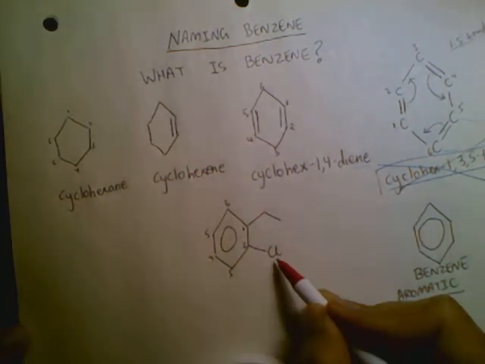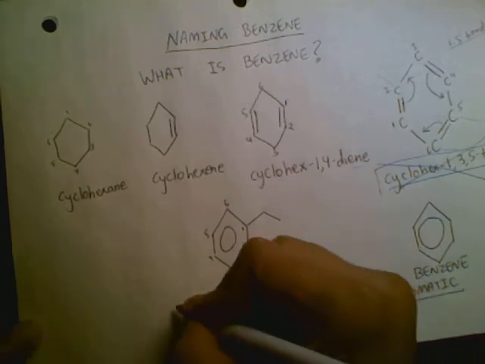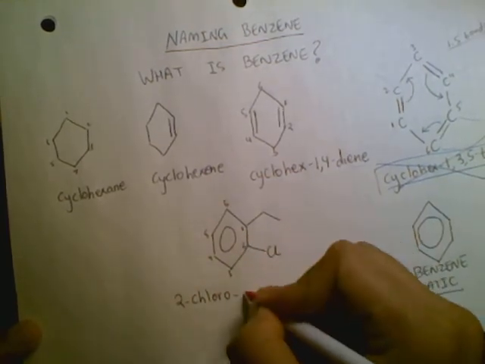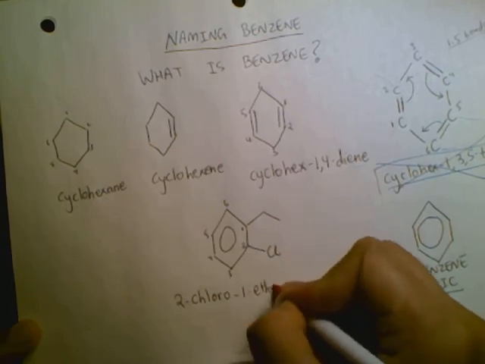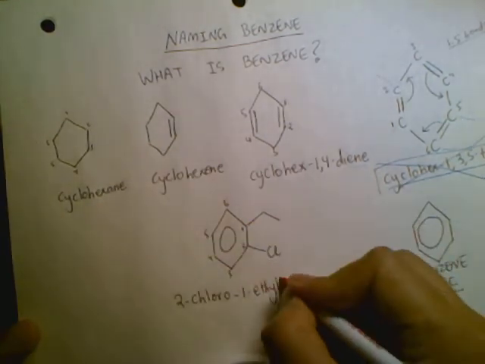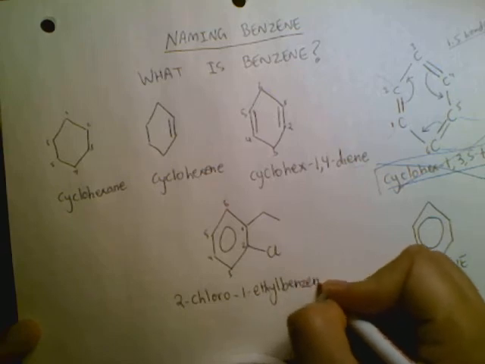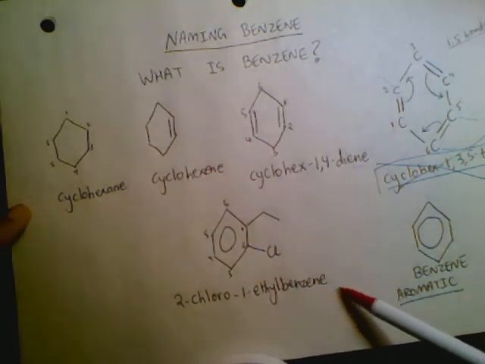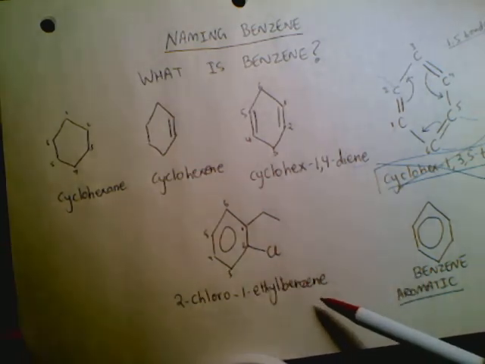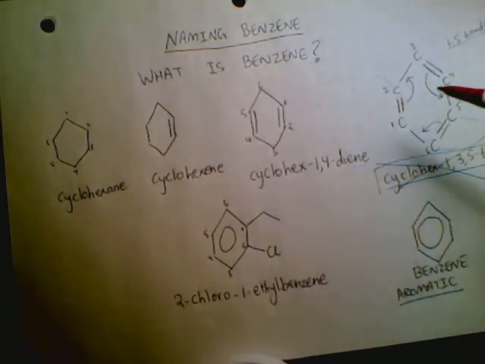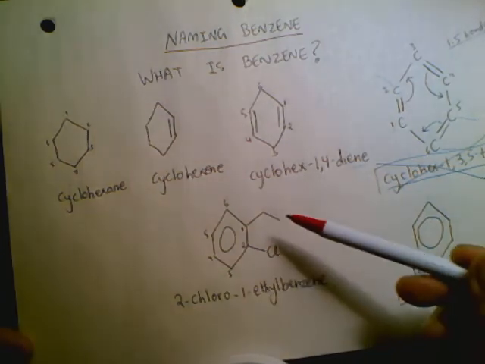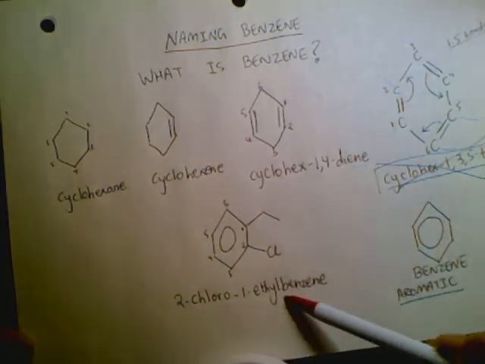In naming, alphabetical order, so 2-chloro-1-ethylbenzene, no space. Just like if this was a cyclohexane, you would write cyclohexane. Here you write benzene instead because of that ring, or because of the 3 double bonds that you would see. Okay, it's as simple as that. Everything else remains the same, just that the last name now turns benzene.